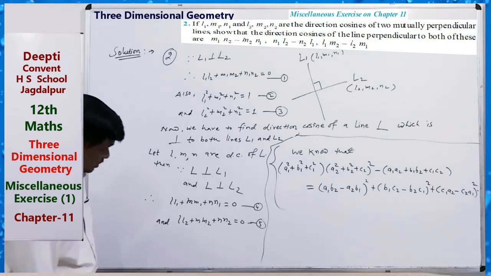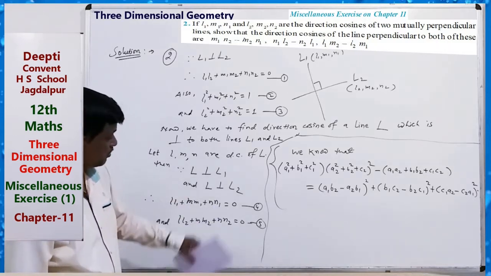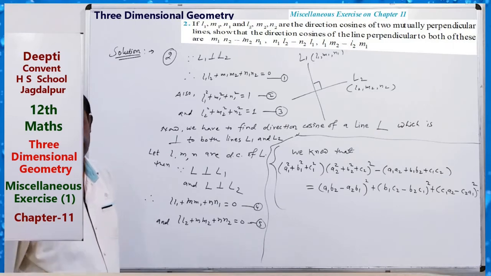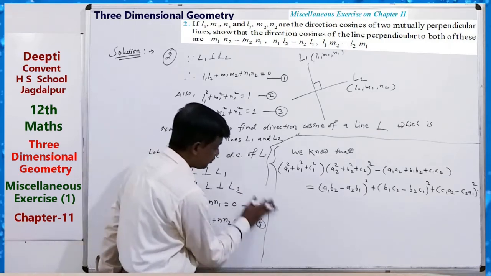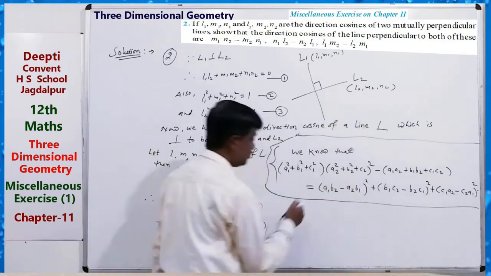Now, these 4 and 5 can be solved by the cross multiplication method, so this identity we will use.